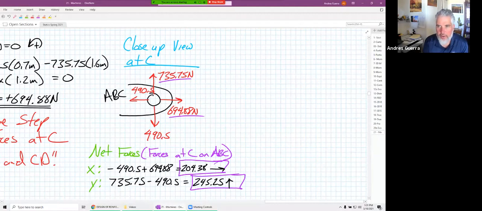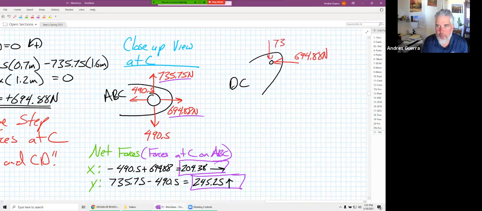Let's look at now, how about our D to C? Well, D to C, the only thing we have acting there is a 694.88 going this way and a 735.75 newtons going down. So these are the net forces at C on D to C.